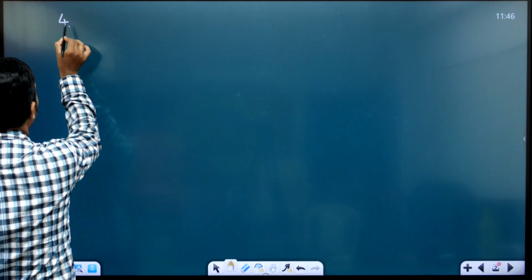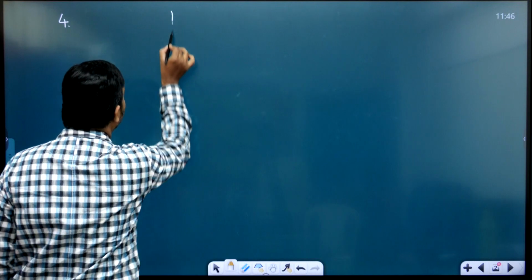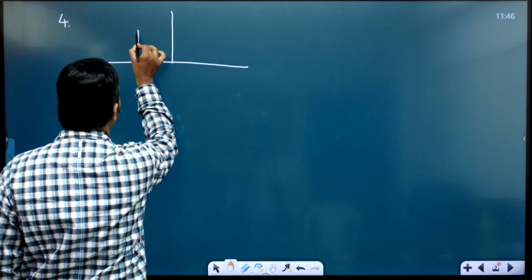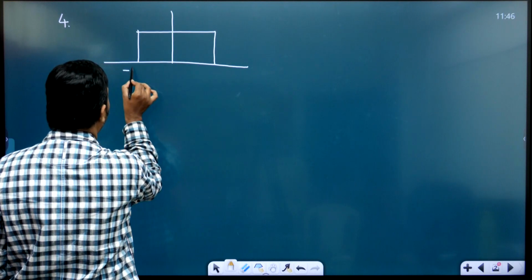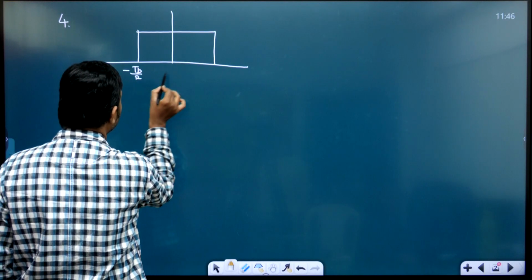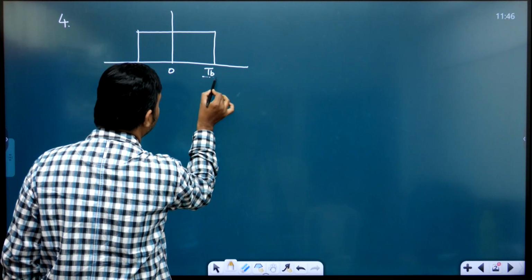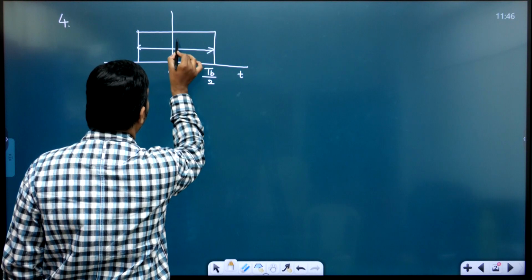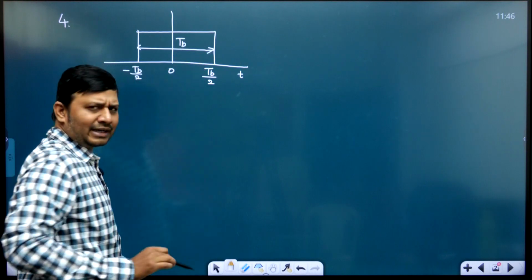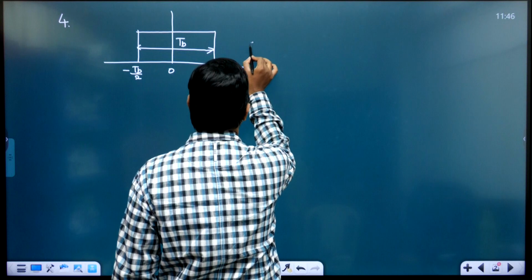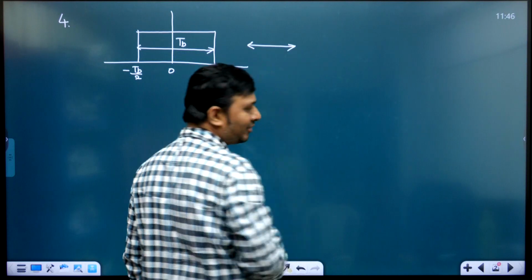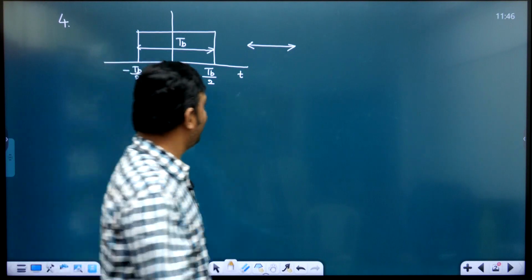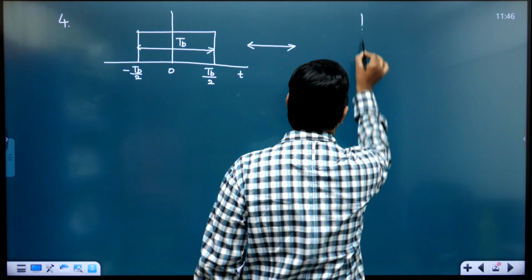Suppose I am having a rectangular pulse varying from minus TB by 2 to TB by 2. What is the width of this rectangular pulse? TB. And what is the Fourier transform of a rectangular pulse? You might have studied in signals and systems that the Fourier transform of a rectangular pulse is a sinc pulse, which will look like this.